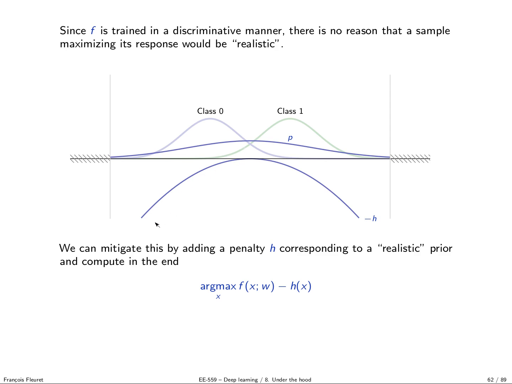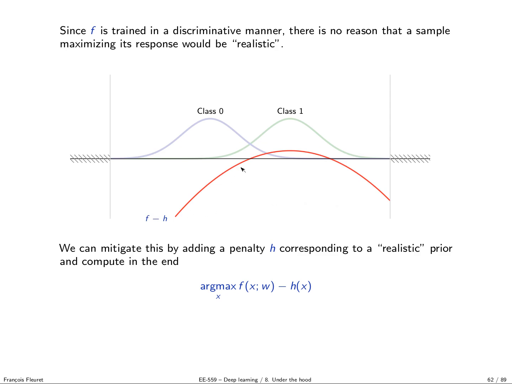In that case, it corresponds to adding this penalty term to your f function. Now your f function minus this term looks like that, and the optimum is there, which is right in class 1. In practice, this will be done very easily. Instead of just doing gradient descent to maximize the response of your unit, you are also going to minimize the penalty term, which will push the signal toward realistic images.